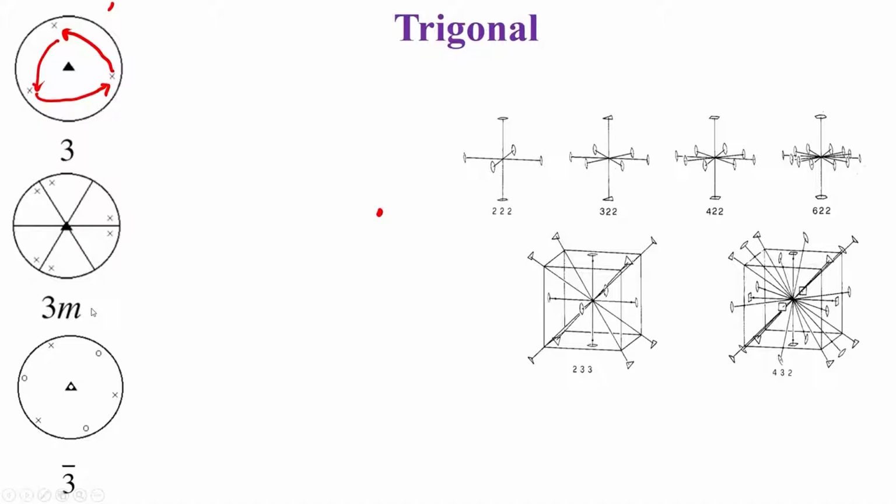What should be the third one? The third one should also be either a proper or an improper rotation. So, which is the one which is possible? If there is a proper rotation and then an improper rotation, the third one has to be improper. So, that means there is also a mirror symmetry in the third direction.